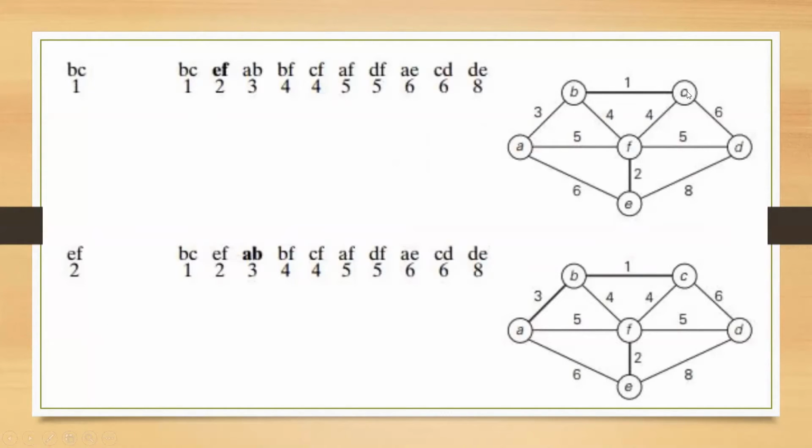No, it doesn't form a cycle. Therefore, this can be chosen. You can put a box around E and F. So like this.